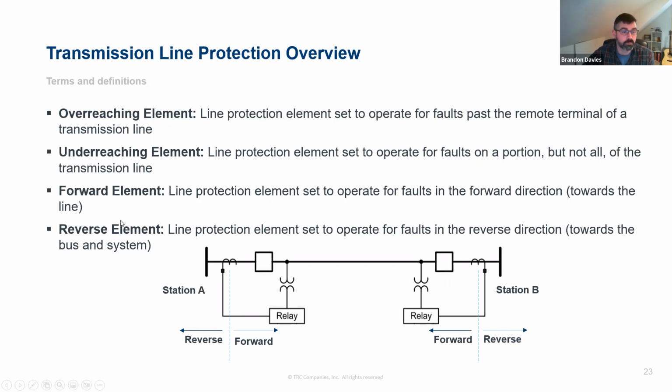The other things we'll talk about are forward and reverse elements. As I mentioned, directionality comes into play a lot on transmission lines. On the distribution system, for the most part, your fault current is all flowing in one direction. You've got a source at the substation, and it flows down through the distribution system. If you get a fault on the line, you've primarily only got fault current flowing in that one direction.